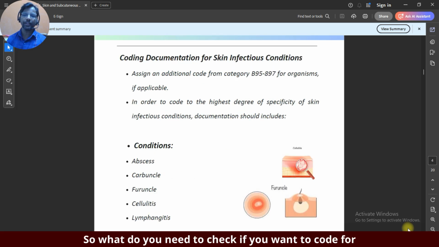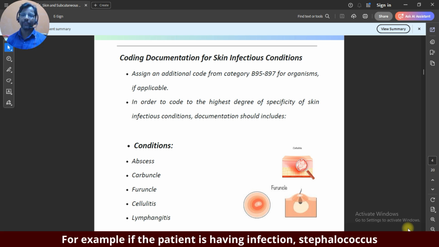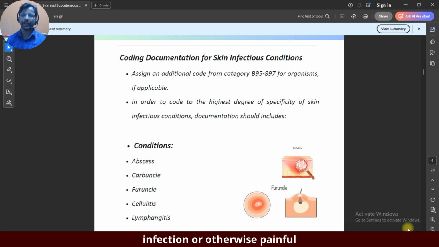So what do you need to check if you want to code for skin infection conditions? Assign an additional code from category B95 to B97 for organisms if applicable. For example, if the patient has a staphylococcus infection, or otherwise a painful abscess, here you need to code the painful abscess first.